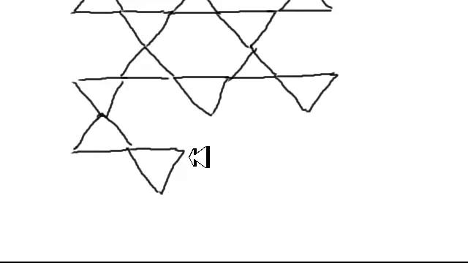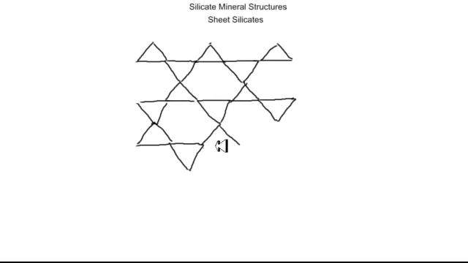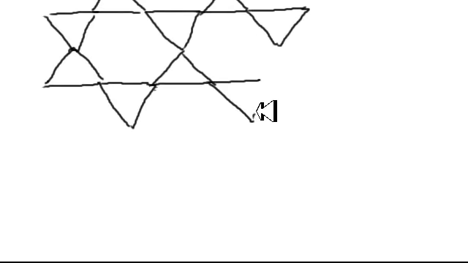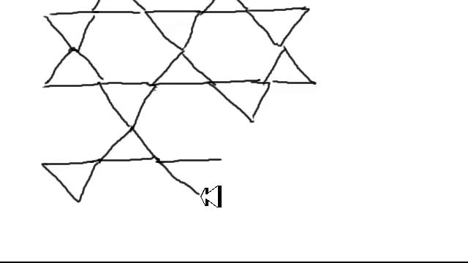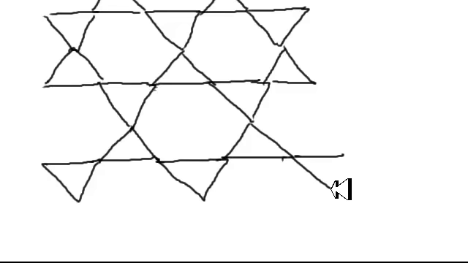We're going to keep this building to make a 2-dimensional sheet of silica tetrahedra. Let's see, let's draw one more row maybe. Like so. Okay, I think you get the picture.